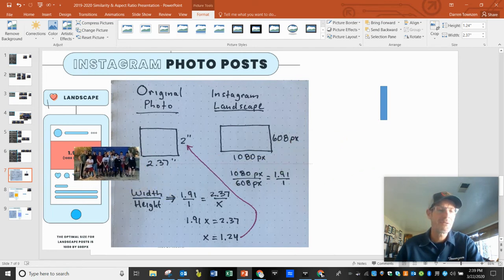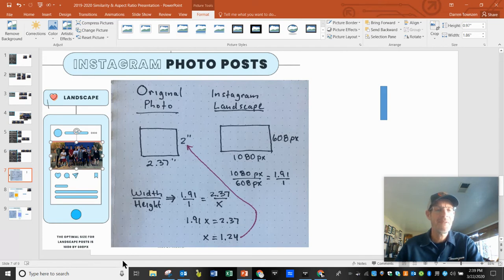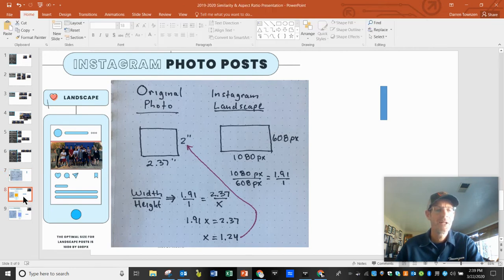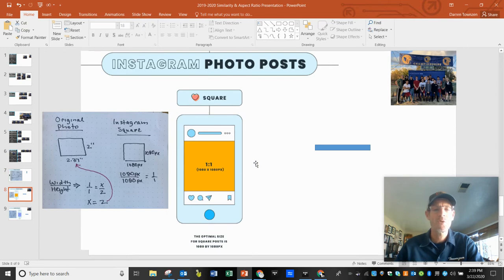So now it's the right shape, but it's still not the right size. So I need to scale it down, keeping it similar. And now you can see it's going to fit in their space exactly. But the part of the picture that's missing is the part of the picture about being at the state championship race.